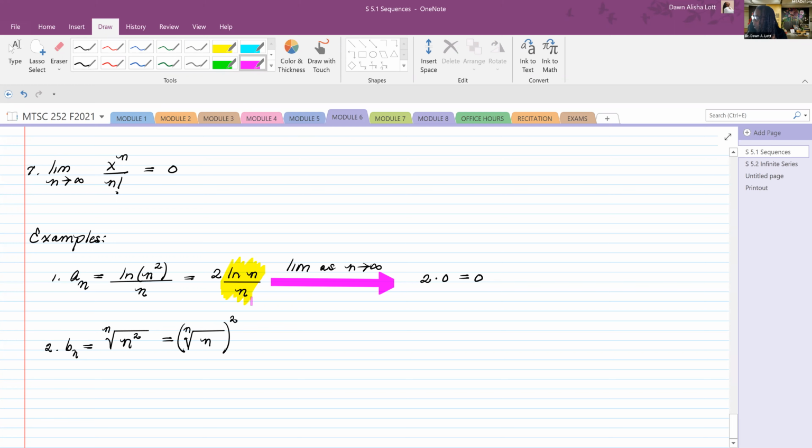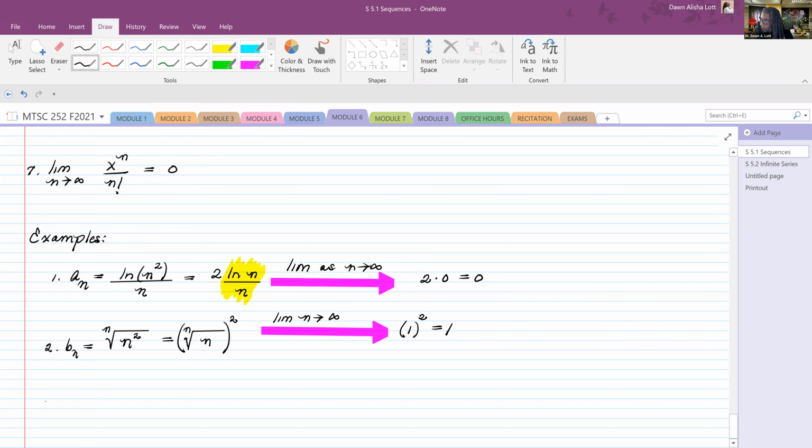Now what do you know about the nth root of n? We know the nth root of n goes to 1. So if we take the limit as n goes to infinity, this looks like 1 squared. So that's just 1.